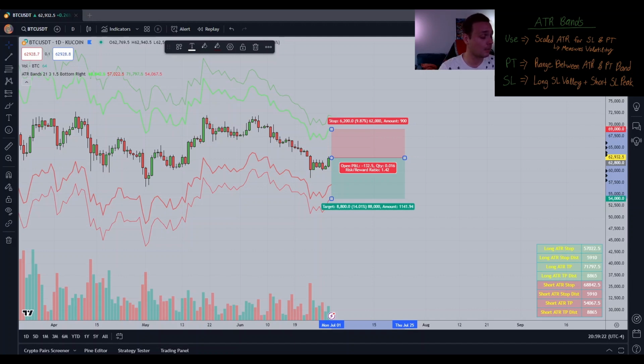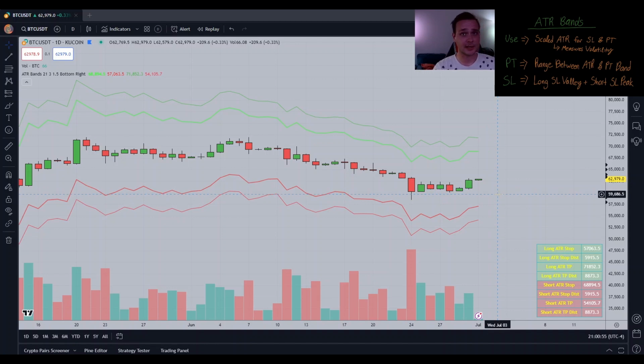And our profit taking is going to be within these two bands right here. We'll call it 54,000. And as you can see right here on the bottom right hand of the chart, the stop ATR, TPs, and stop losses pretty well match up within a couple hundred of both sides here.